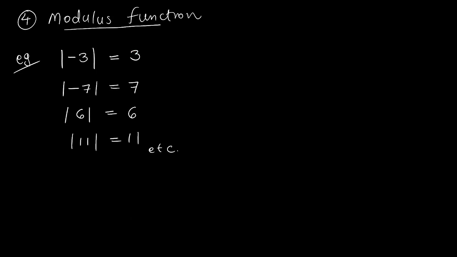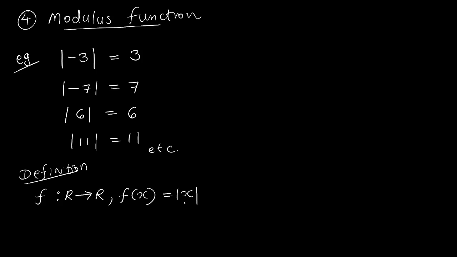So let me define modulus. If I don't give the example for modulus, you cannot understand. The definition of modulus function is f from real numbers to real numbers, f of x equal to mod x. I don't want to draw the arrow diagram, I will draw the graph only.